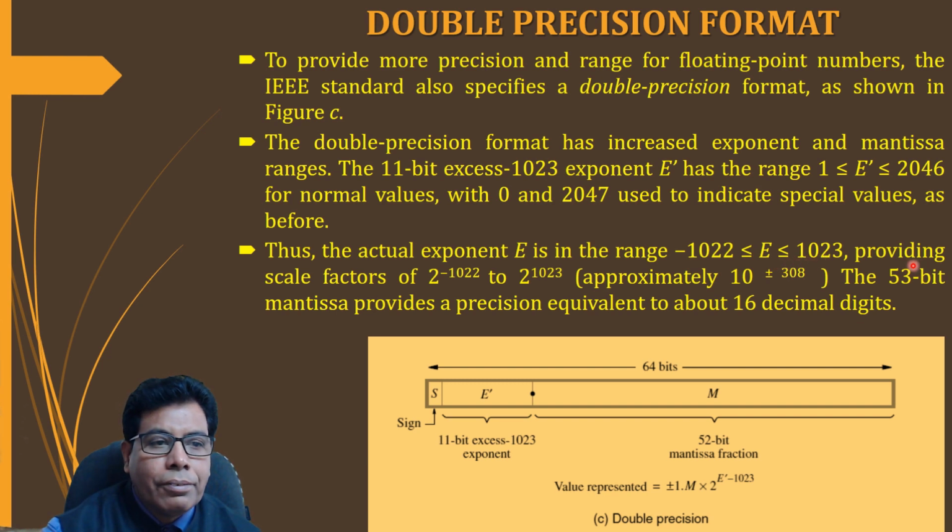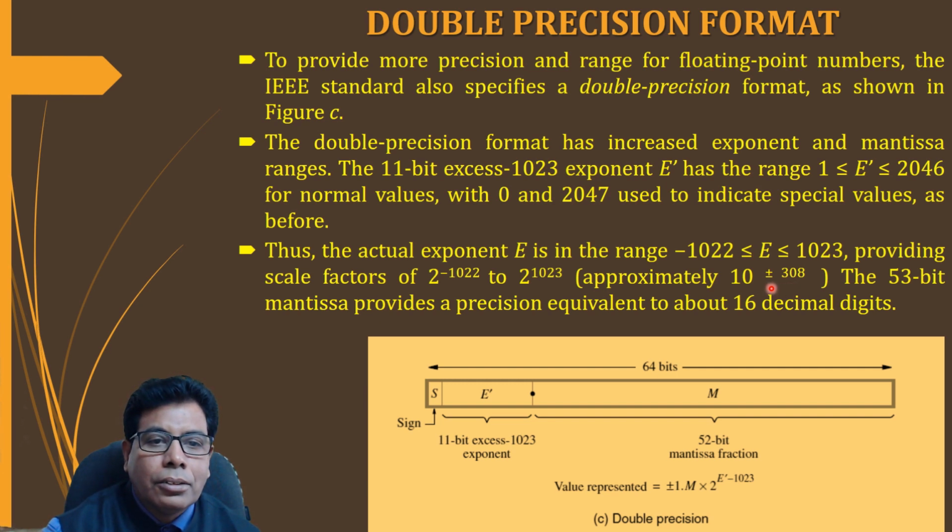So the scaling factor will be 2 raised to minus 1022 to 2 raised to 1023. So that will be approximately 10 raised to plus or minus 308. So this again is the double precision value.